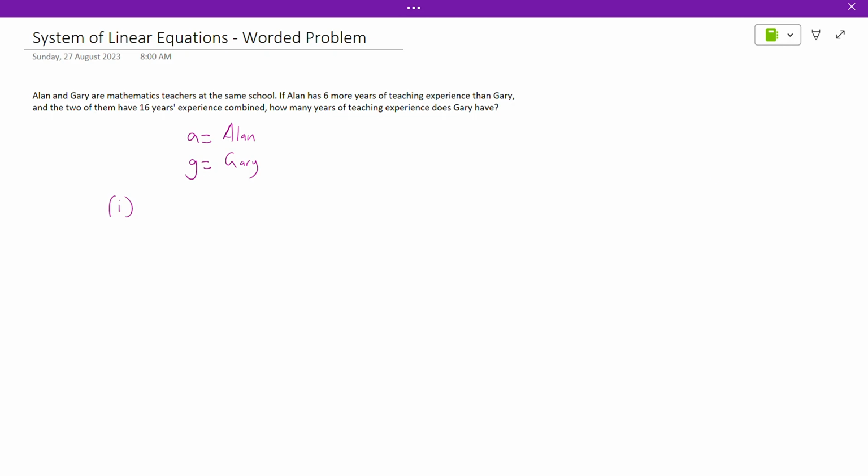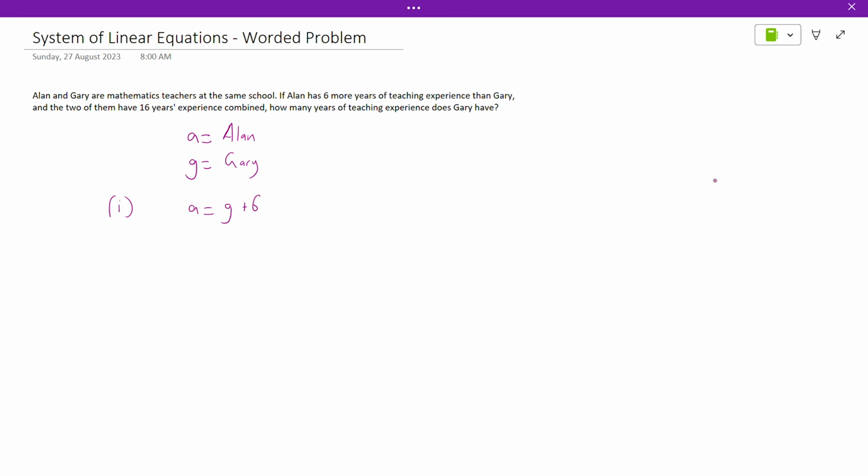If Alan has 6 more years of teaching experience than Gary, that's our first stipulation. So A equals, actually I'll do it lowercase a to keep it in line. Alan has 6 more years of teaching experience, so that means he's going to be Gary's teaching experience plus 6.